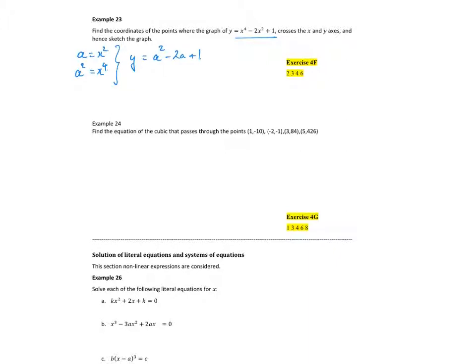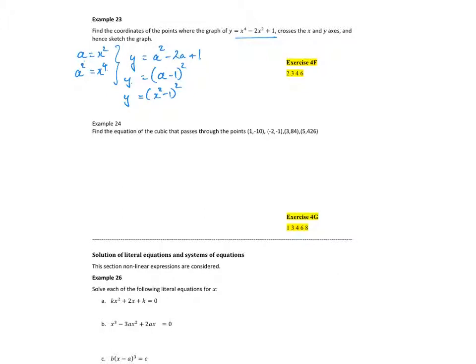So that's clearly a quadratic, isn't it? If I factorise that, I get a minus 1 all squared. So y is equal to that, and a is something I introduced, so y is equal to x squared minus 1 all squared.